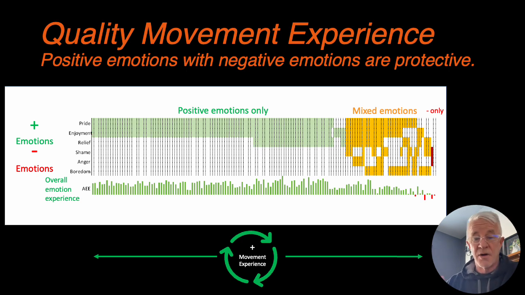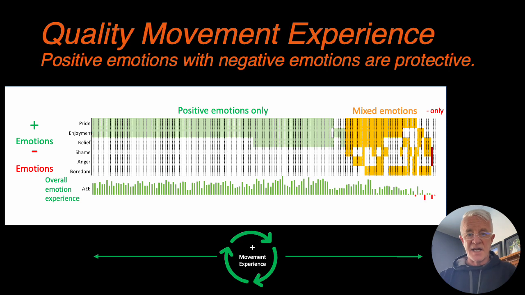Not all kids had shame, not all kids had anger, not all kids had boredom, but what was really important, which nobody knew prior to this, is that if you look at the yellow kids, about 27% of the kids who had mixed emotions, if you look at the bottom, their overall emotional experience was still positive. So if you have negative emotions, but you also have them concurrently with positive emotions through your 30-minute class or whatever it is, your 30-minute coaching session, we know that children can still leave with a quality movement experience.